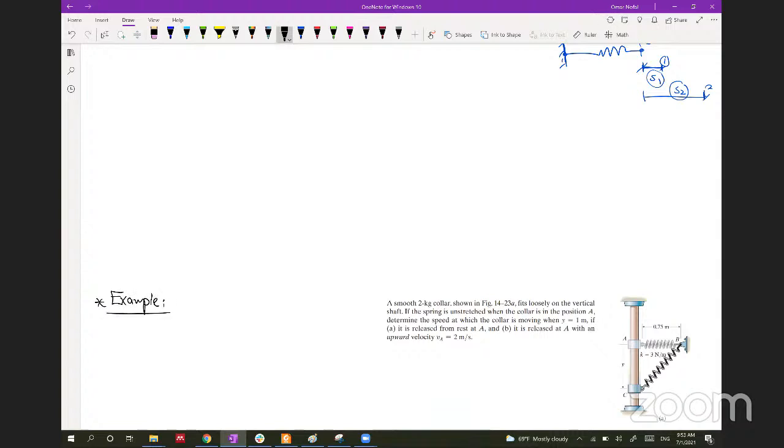Here the spring was unstretched at point A, and there's a collar that moves on a rod from A down to C, a distance Y, where Y is equal to 1 meter. It fits loosely on the vertical shaft, meaning there is no friction.